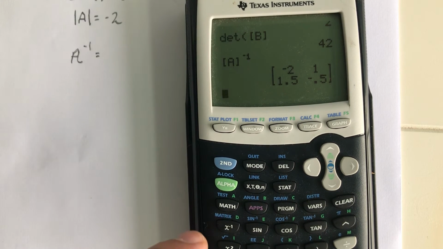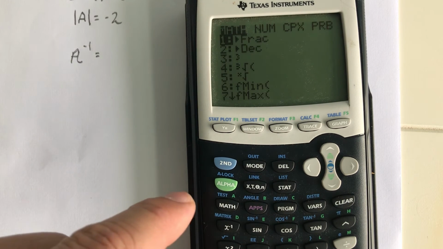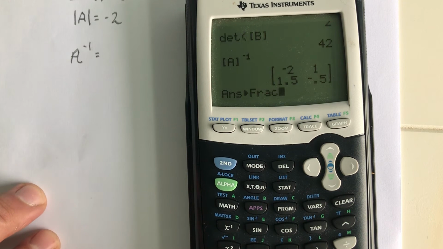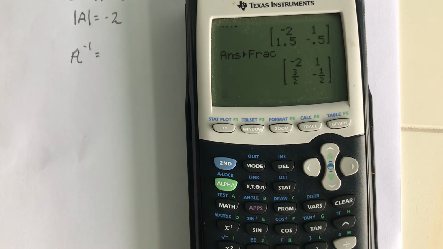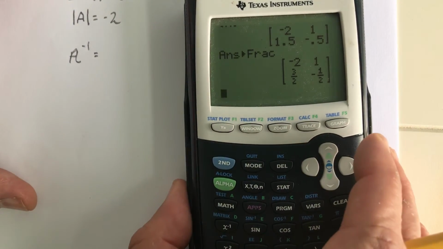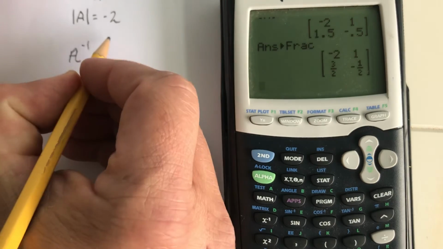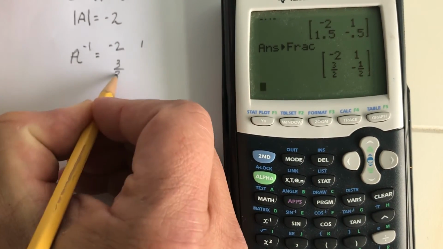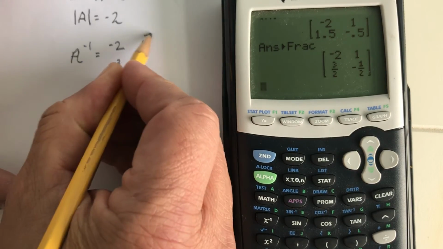If you want it to be in decimal form, you could, same as you would for a regular decimal, hit math. I want it to be in fraction form, I'm sorry. Change to fraction, and it changes your entire matrix to look like that. So A inverse is nothing more than negative 2, 1, 3 halves, negative 1 half.